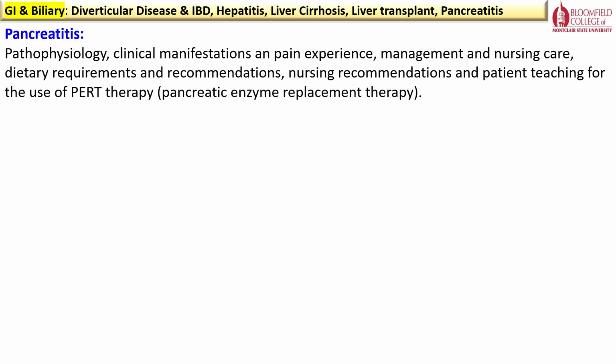So we have to stress the importance of and encourage drug compliance or medication compliance. The patient takes the drugs every single day, especially these immunosuppressive agents.